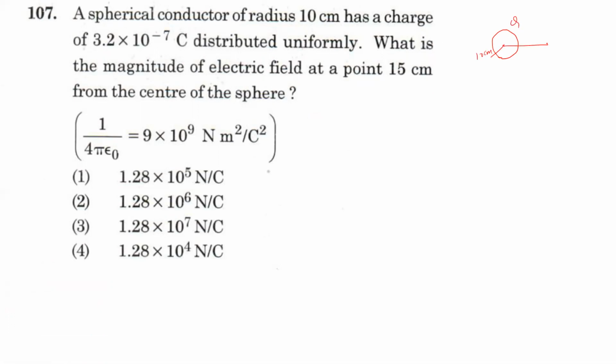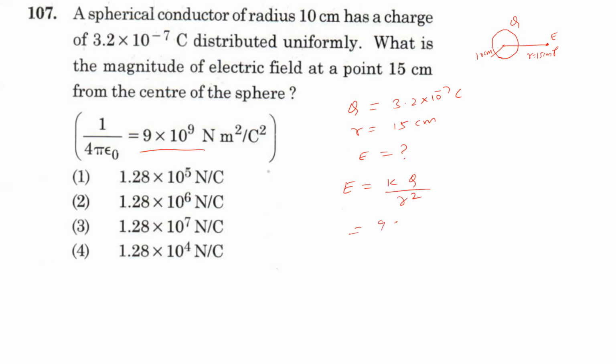Now we have to calculate the electric field at a distance of 15 centimeter, which means outside the charged sphere. Here the charge is 3.2 into 10 power minus 7 coulomb, and the distance is 15 centimeter. The k value is 9 into 10 power 9. The formula for electric field intensity is k into q divided by r square.